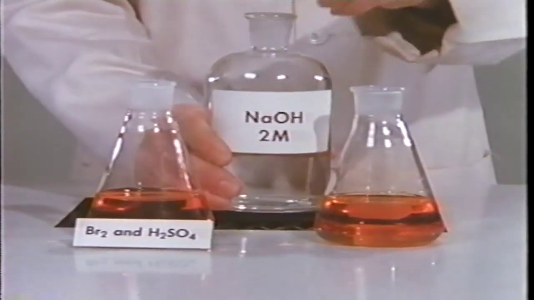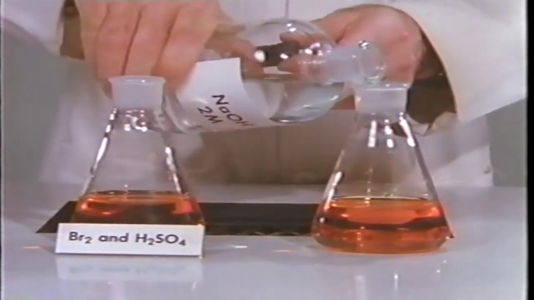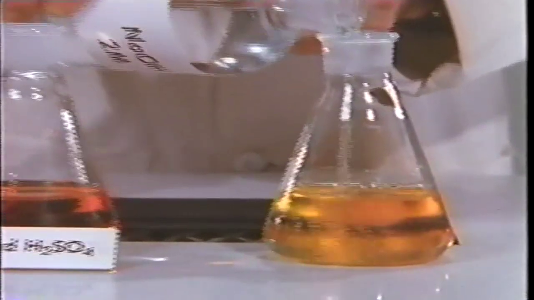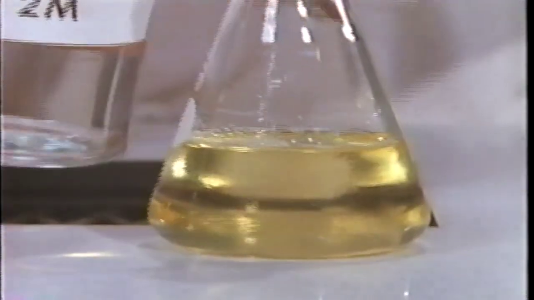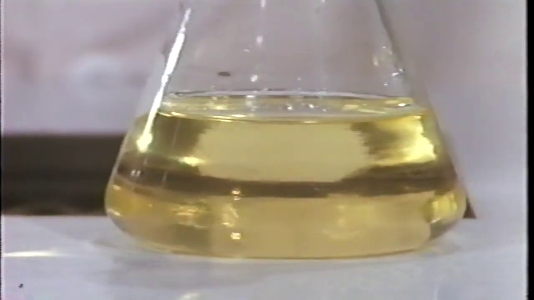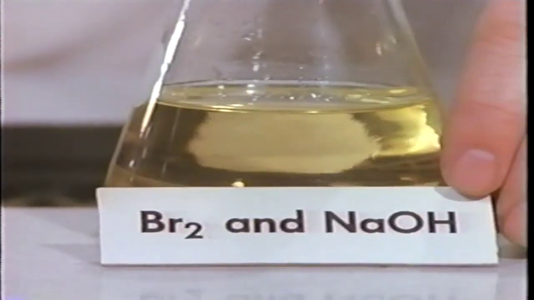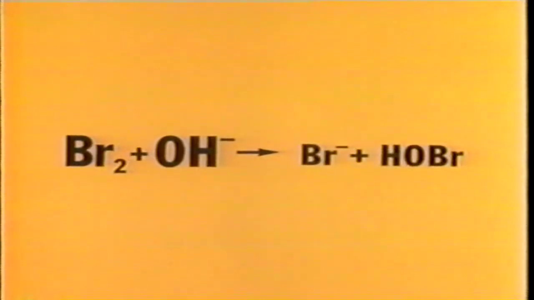A base, sodium hydroxide, is added to the other flask. The bromine solution turns a very pale yellow, indicating that a reaction has taken place. Analysis shows that addition of hydroxide ions forms bromide ions and hypobromous acid, both colorless.